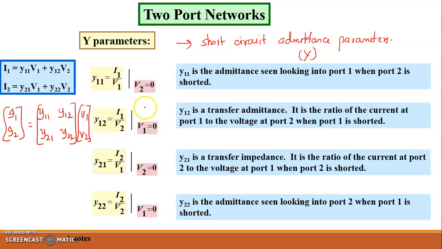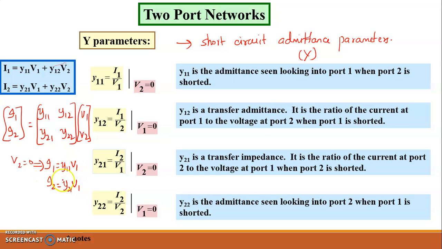Now, to find the parameter values of Y11, Y12, Y21 and Y22, you make any of the ports short circuit. Short circuit in the sense the voltage across that port is equal to 0. If I am making V2 equal to 0, from these two equations I get I1 equal to Y11 V1 and I2 equal to Y21 V1.